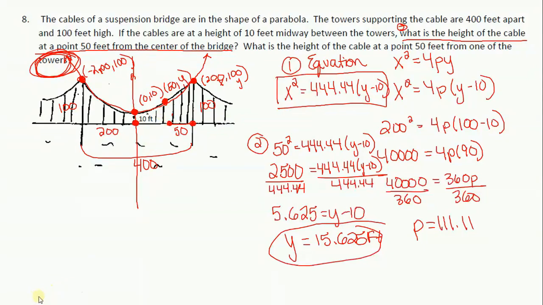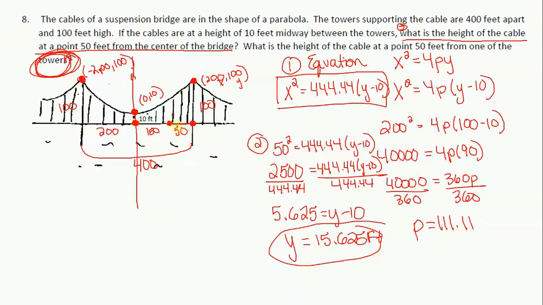So that's not 50 comma y again, right? Because this is 50 feet from the towers. It's actually going to be 150 feet from the center, aka the origin of our graph, right?